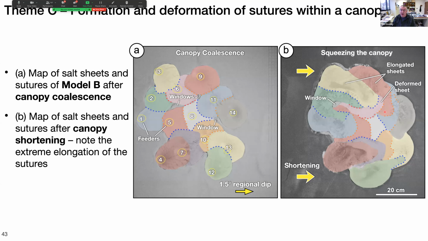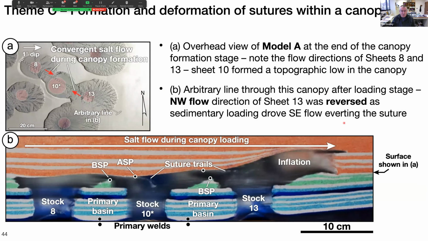We have intra-canopy flow here. And just an interesting one, I showed this earlier, where our sheet 10 star here was being overridden from either side by 8 and 13.